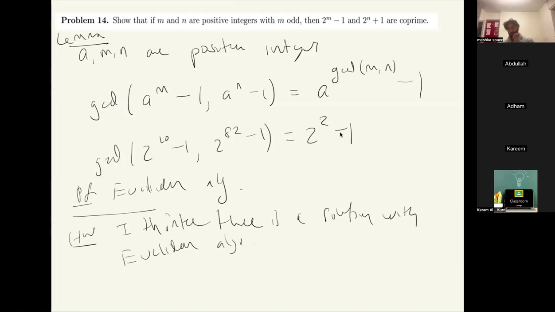Or maybe we can show that M divides the phi function of 2 to the n plus 1, or is it the opposite? Oh yeah, M divides the phi function of 2 to the n plus 1. If that works, then M is the order.